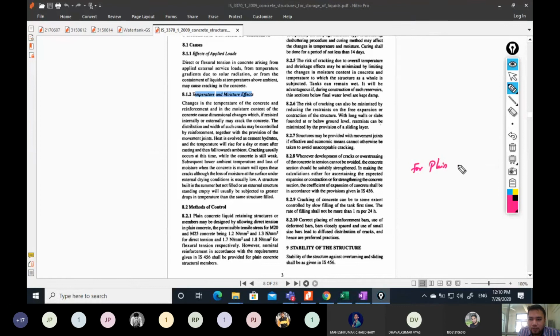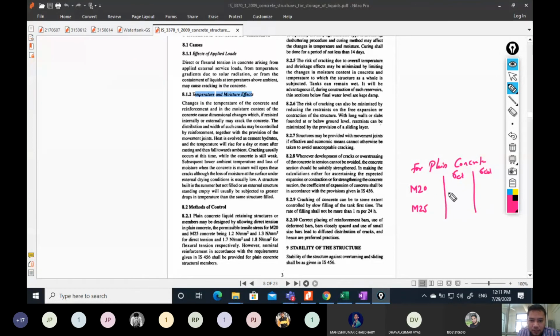For plain concrete of grade M20 and M25, the values of the permissible stress, direct stress in concrete, and permissible flexural stress: permissible sigma CT, that is permissible tension in concrete, and this is permissible bending tension in concrete.